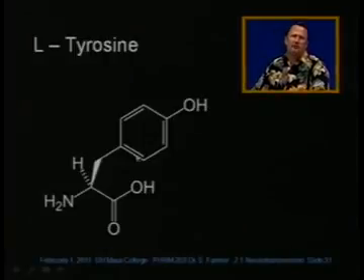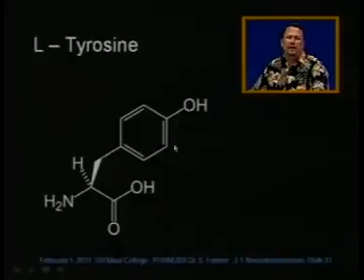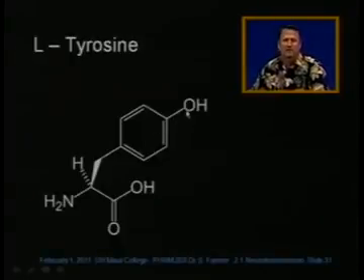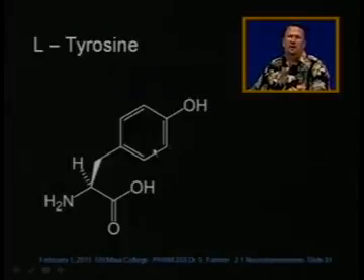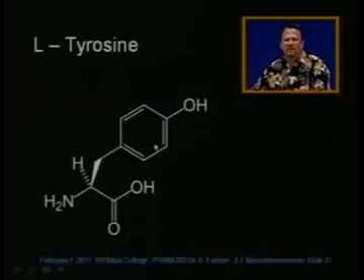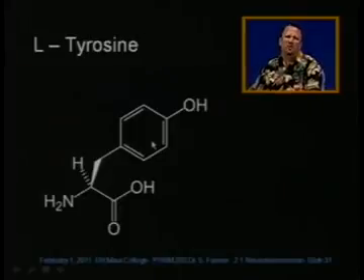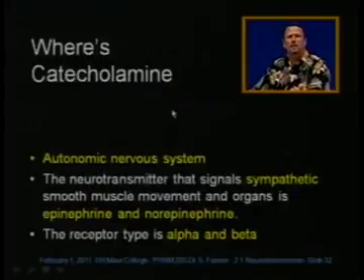I showed you L-tyrosine a couple of times. We took phenylalanine, and through biotransformation, we oxidized it to make tyrosine. And tyrosine is what we use to make the catecholamines, and I can assure you that is something that you will definitely need to know, not only for my tests, but for board questions as well.